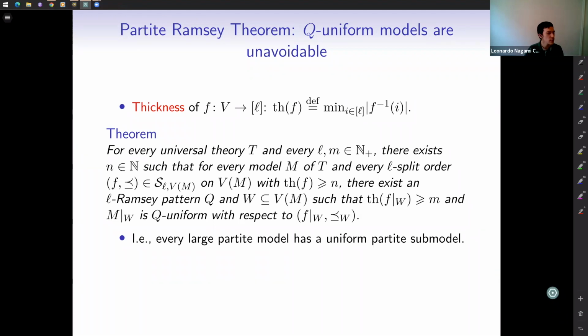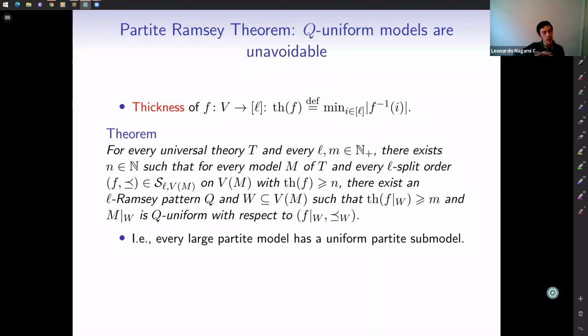And I think you can even derive the partite version for hypergraphs from that theory. Maybe I'm confusing myself. No, sorry. You can derive the non-partite version of this theorem for arbitrary universal theories from this Ramsey theory of systems.